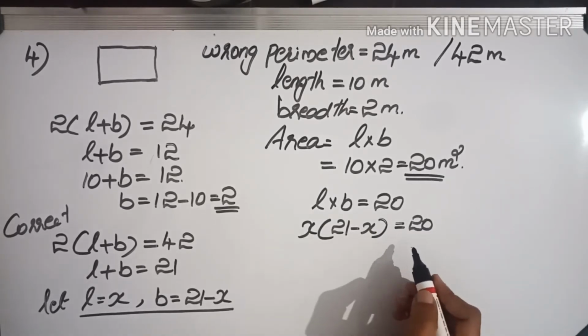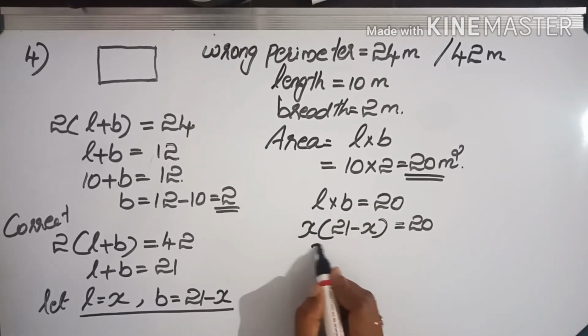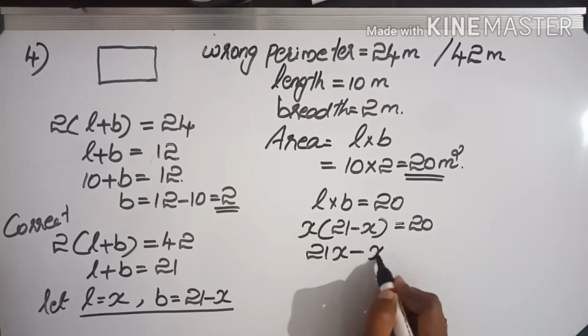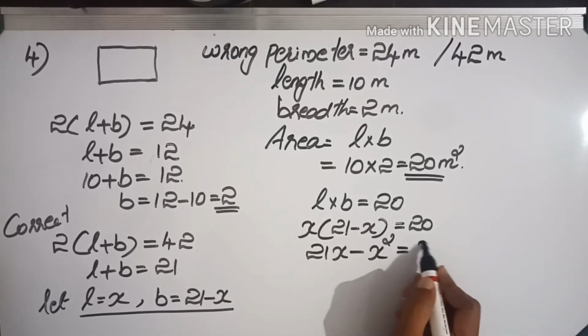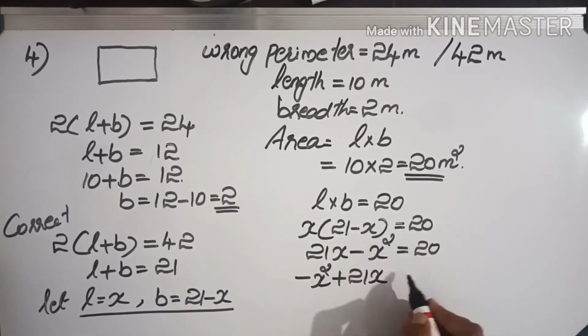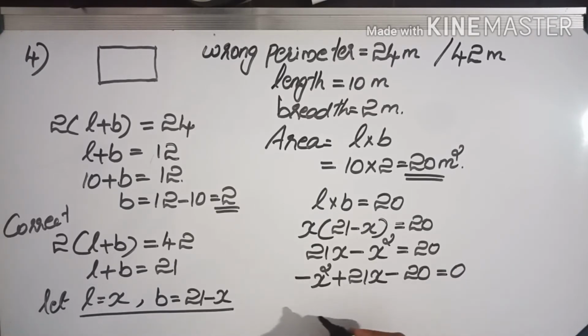Now let's create the equation by opening the bracket. So x into 21 is 21x minus x into x is x square equal to 20. Now let's arrange the equation. So here minus x square plus 21x, 20 comes to this side, it will be minus 20 equal to 0. Okay, so here coefficient of x square is negative.